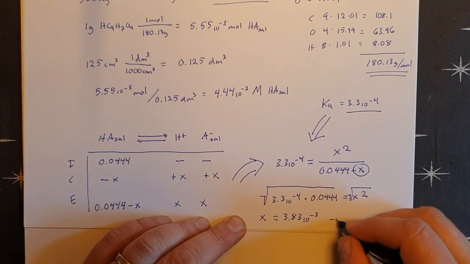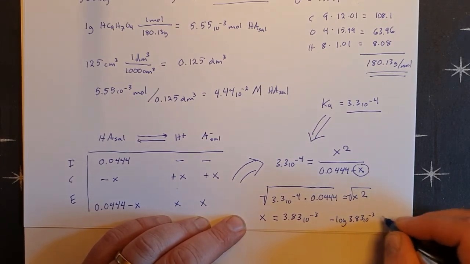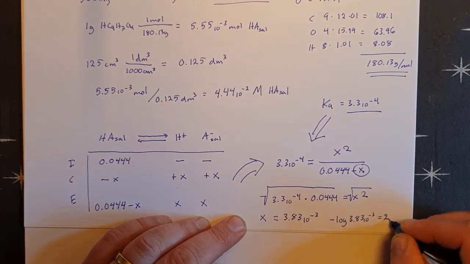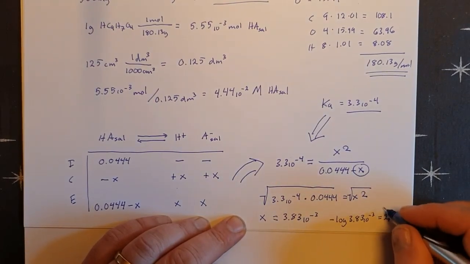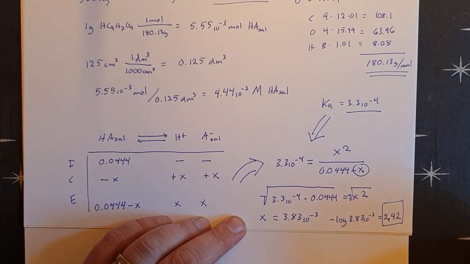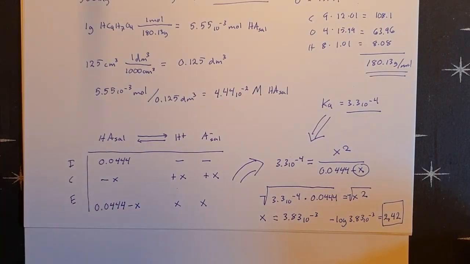If we take the minus log of that, it equals 2.42. So the pH is 2.42 for question number 1.